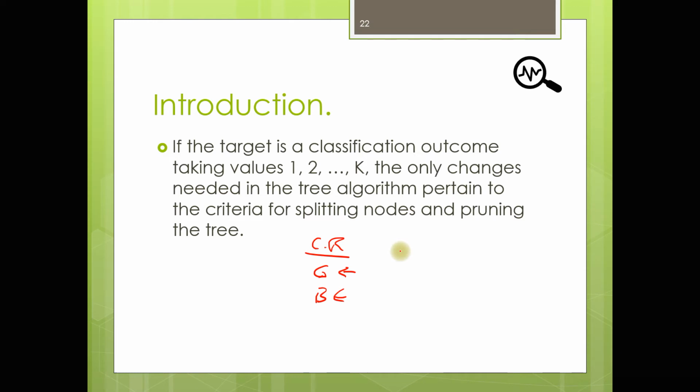So within this setting, k is equal to 1 or k is equal to 2. k equal to 1 refers to good, k equal to 2 refers to bad. So we are going to take this example of credit risk to illustrate some of these different concepts. Remember that the difference applies in the criteria for splitting the nodes and also for pruning the tree. Otherwise, everything stays basically the same in terms of principle.